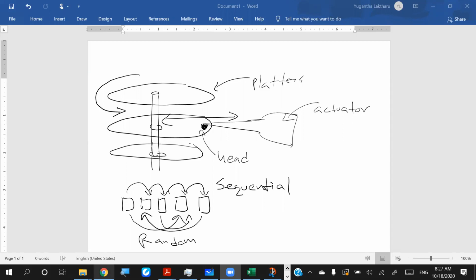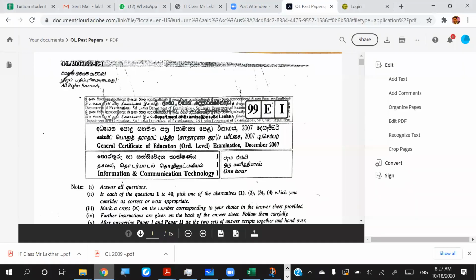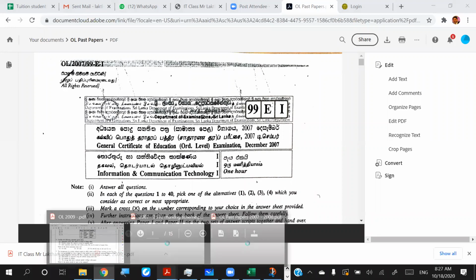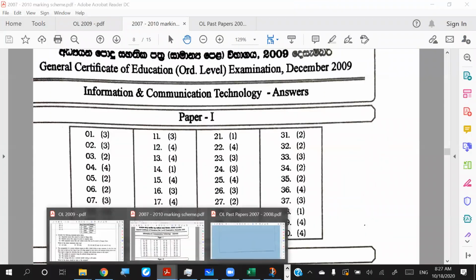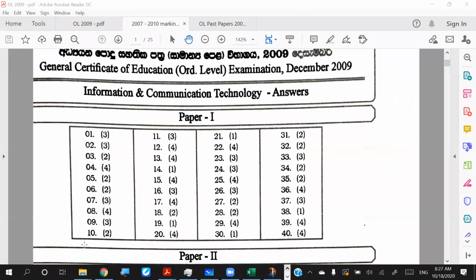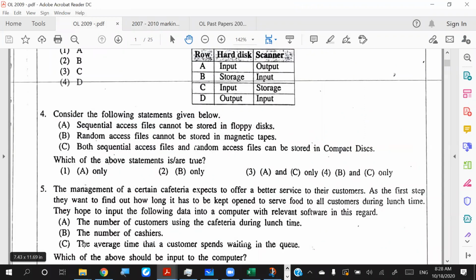But when it comes to the magnetic tape, and the other one that they were talking about, the first one they say is sequential access files cannot be stored in a floppy disk, right?